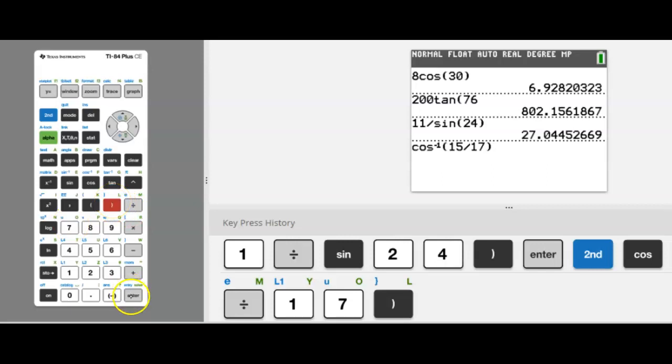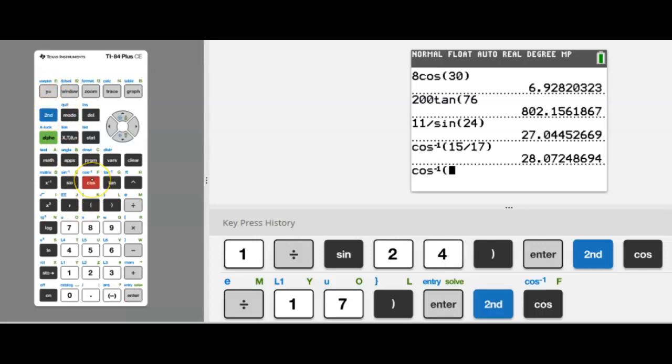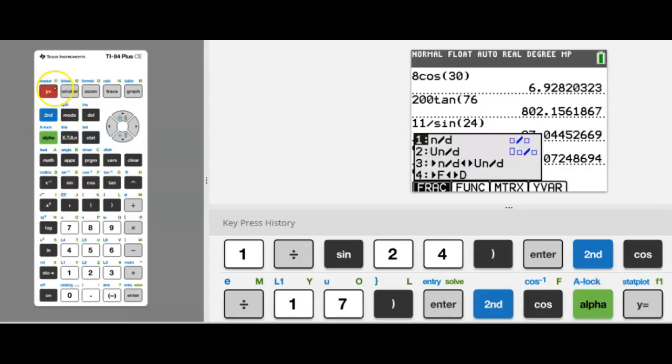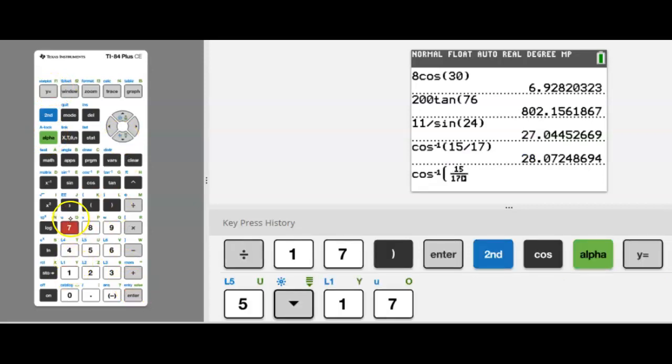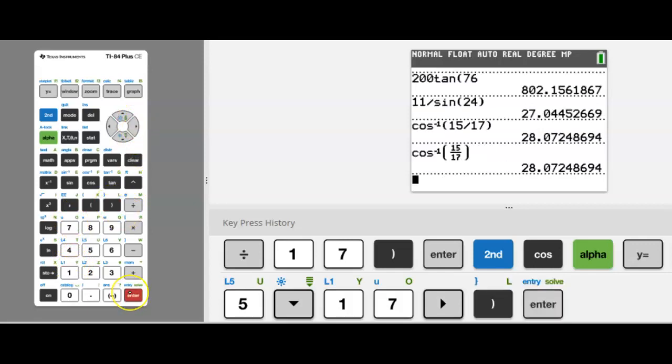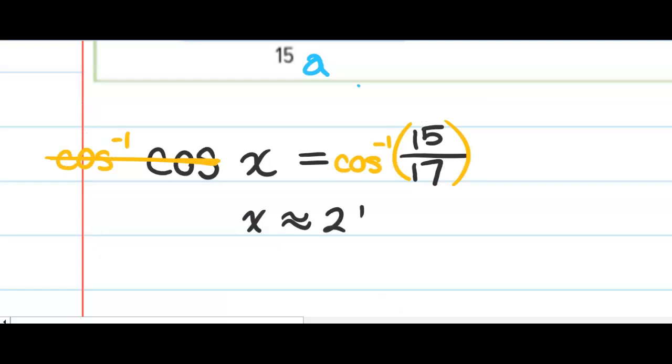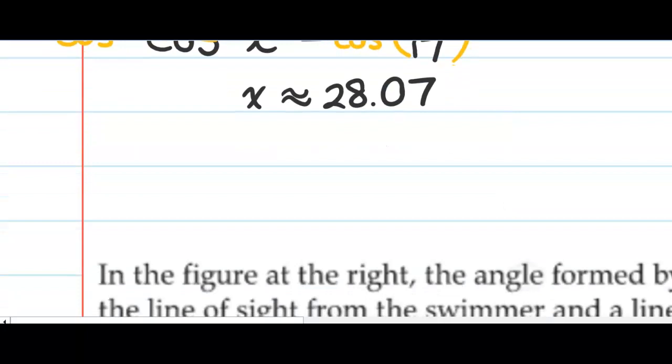Again, if you'd prefer, you could use a fraction. I'll show you that next. You could also do second cosine, green y equals makes a fraction, 15 over 17, whichever's easier for you. You get the same answer, 28.07. That would be in degrees.